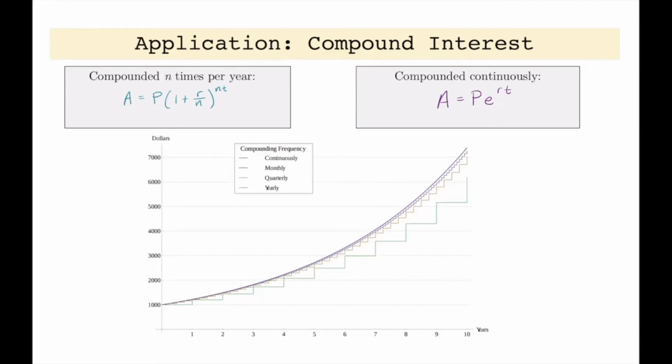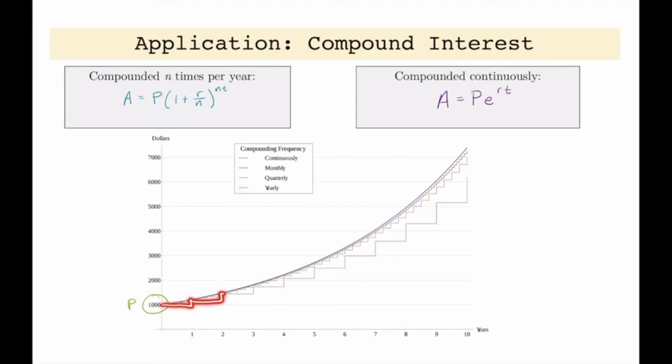Here's a graphical representation of the difference between different compoundings. These are all starting with an initial amount of 1,000, so this is our P value, our principal. When we compound yearly, the green, after 1 year our balance increases because that's when our interest is added on.